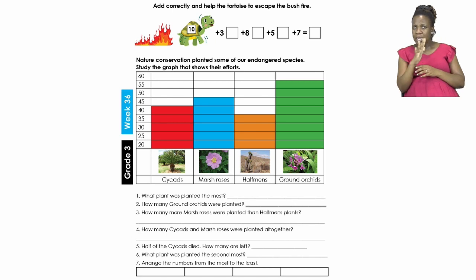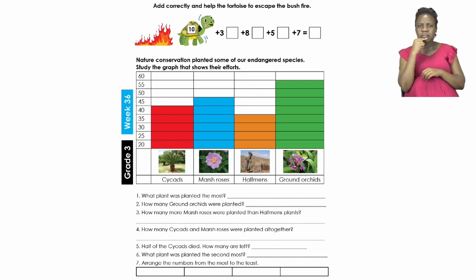Now remember, nature conservation planted some more of these plants, so we have to look at the colored blocks to see how many was planted. Now let's quickly have a look at these different plants. The first plant is what we call a cycad.